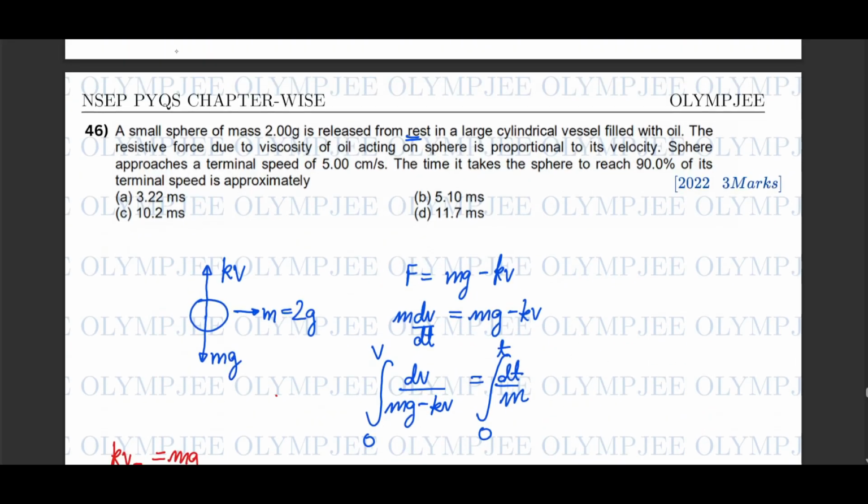Now we need to find k by m, and k by m we can find from this equation. So we know vt and we also know g. So we need to find k by m, which is g by vt, which will be 9.8 divided by, how much was the terminal velocity? 5 centimeter per second.